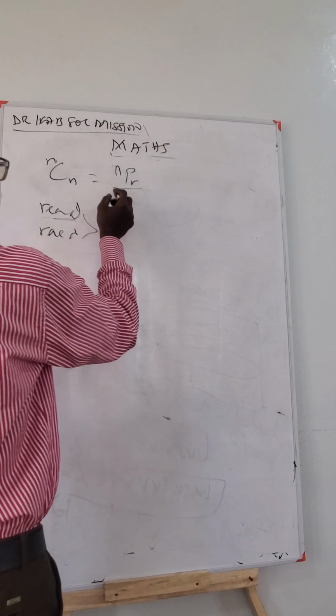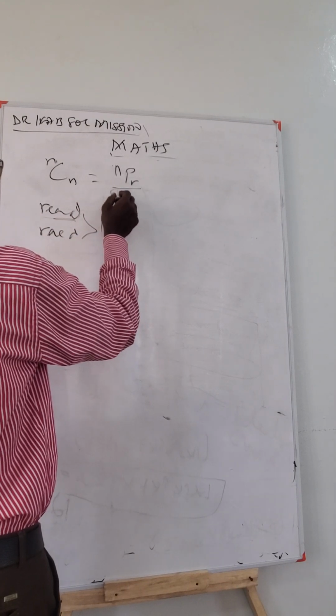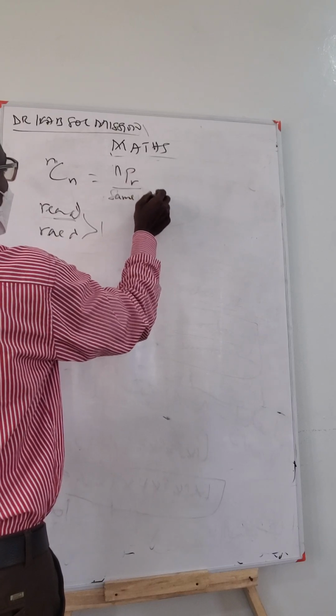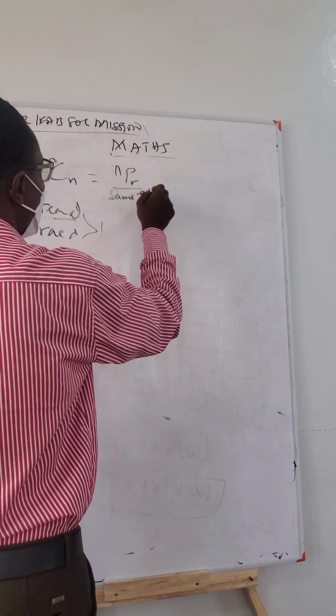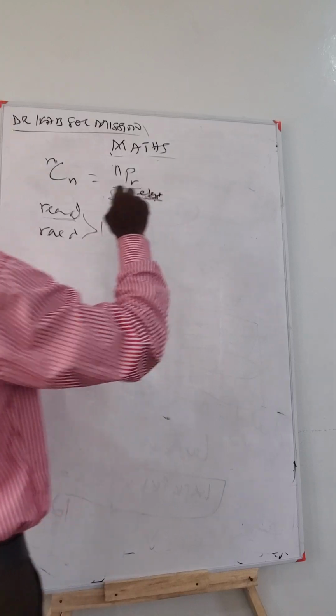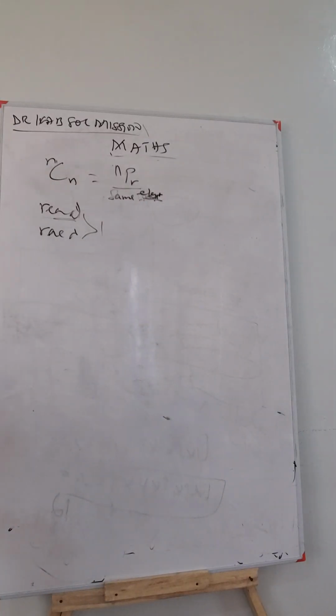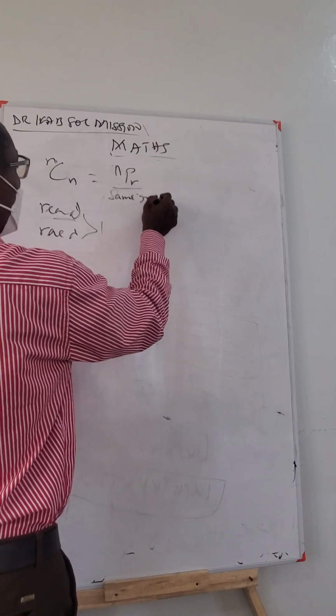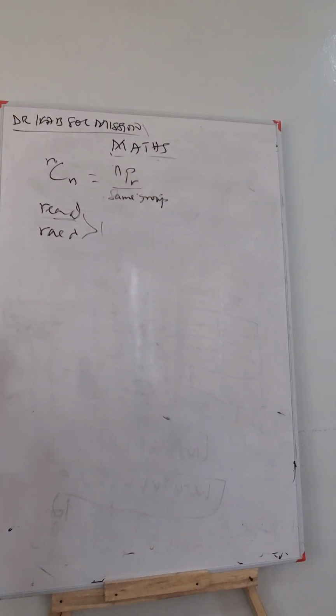So we divide them by the same word or same element, or let's say same group. Let me make it same group. So if they belong to the same group, you have to divide by the same group.